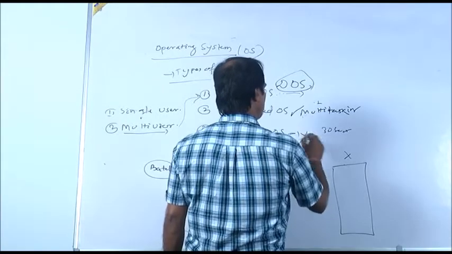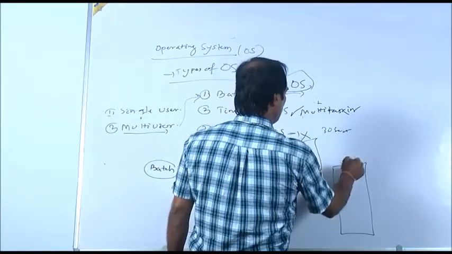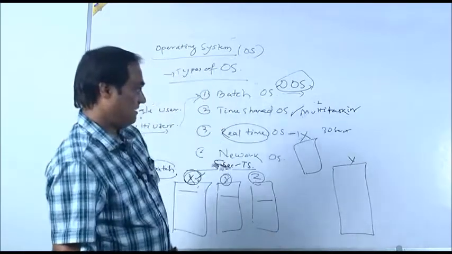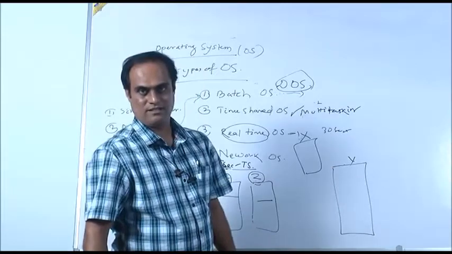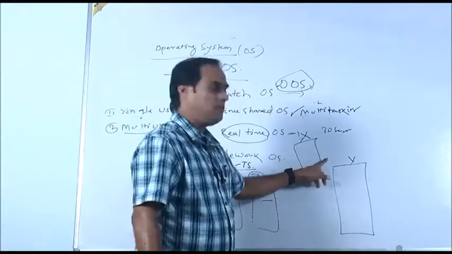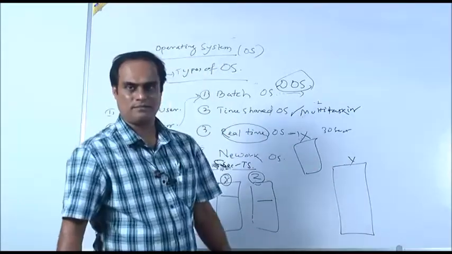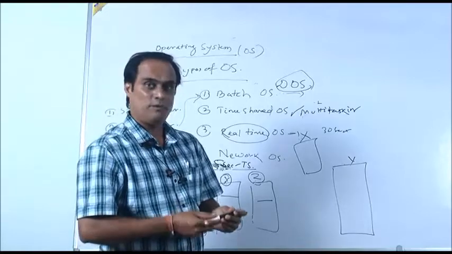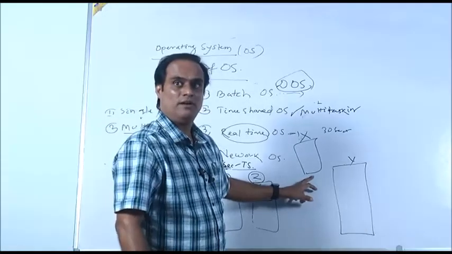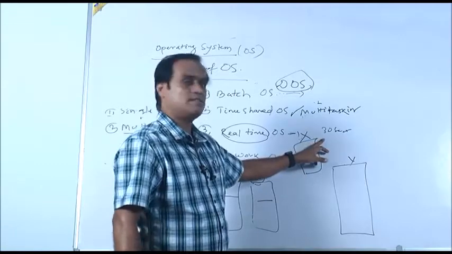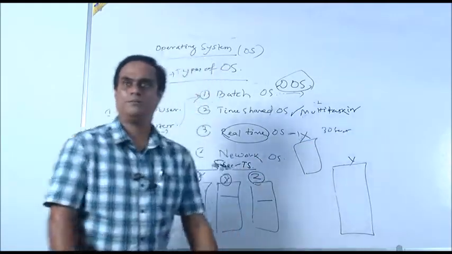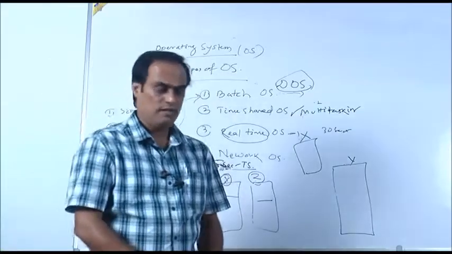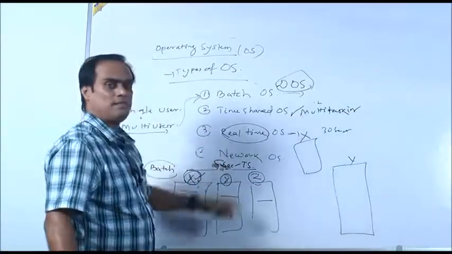You have set the time, so after completion of x, automatically y will start. It is only possible due to the real time operating system, yes or no. After these 30 seconds, the y program will start. Okay, so this is the real time operating system.